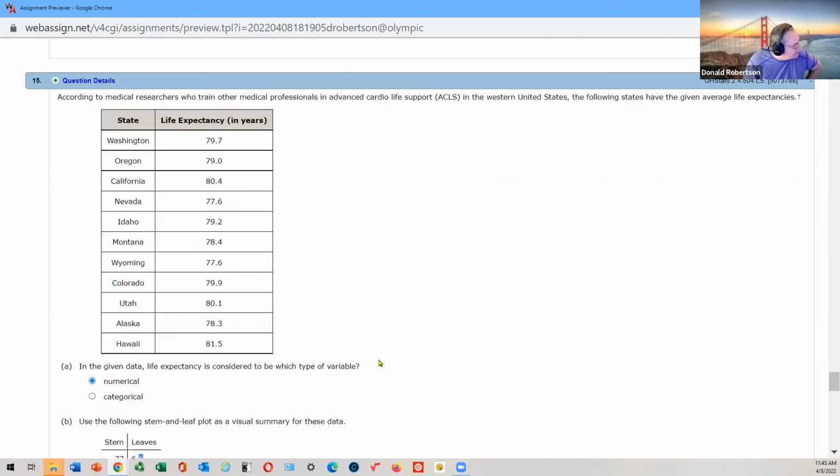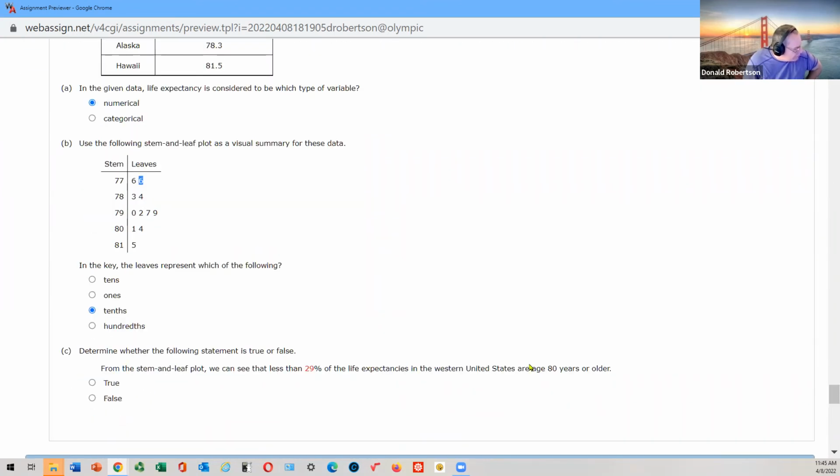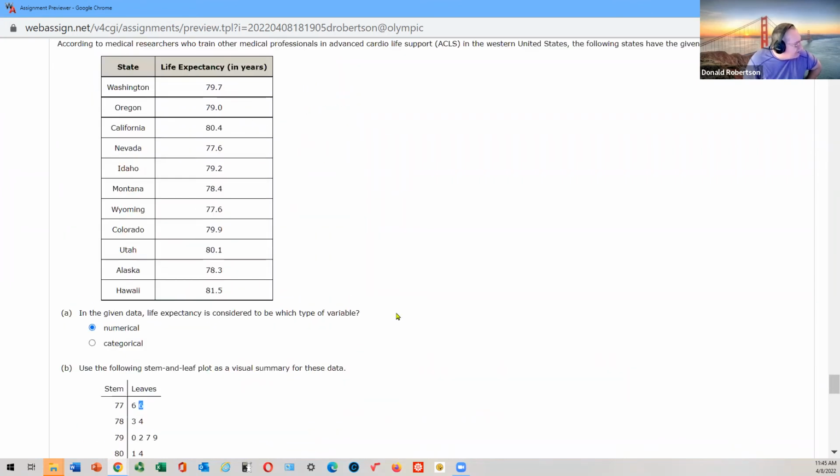So 80 or over. Let's see how many of these are 80 or over. That one, and evidently that one. This is what they're called Western United States. So that's 3 out of 1, 2, 3, 4, 5, 6, 7, 8, 9, 10, 11. 3 out of 11. False. Did I miss one? No, it's false.